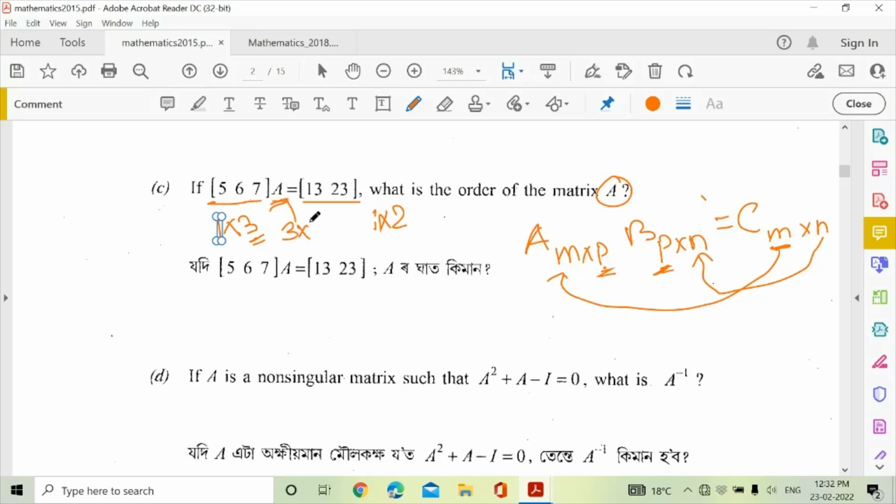Whatever the number of columns, it is known to you: the row number of the resultant matrix is the row number of the first matrix and the column number of the resultant matrix is the column number of the second matrix. That means 3 by 2 is the order of the resultant matrix. So that's why we have got the answer 3 by 2.